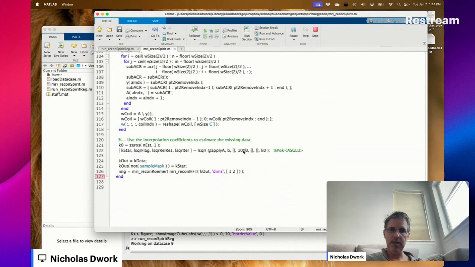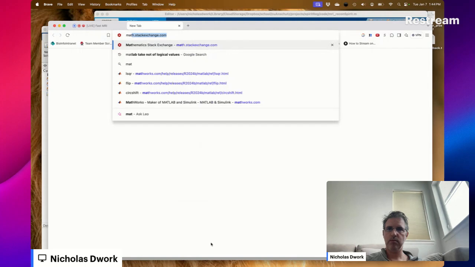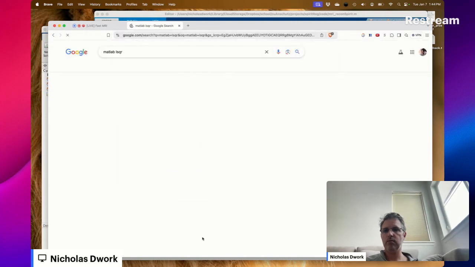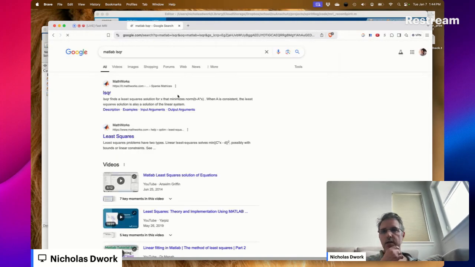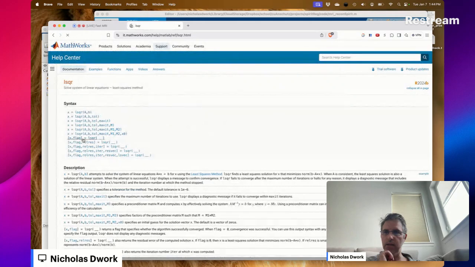Still have 1,000 iterations here. While LSQR is running, let's look into LSQR a little bit.